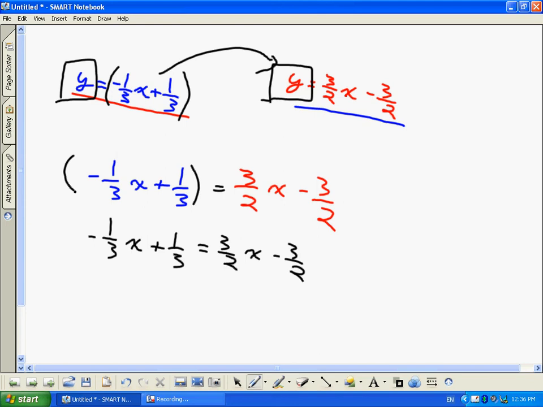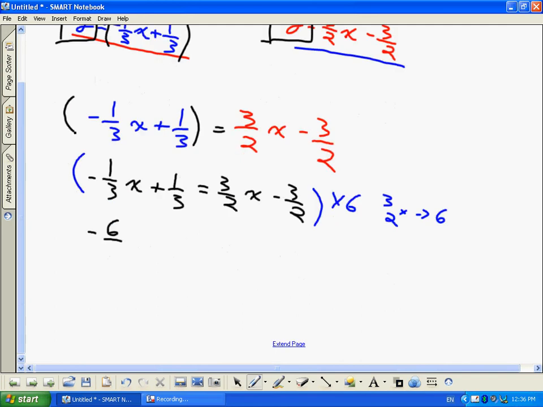A quick way to get rid of all these fractions is to multiply this entire equation by a common multiple of 3 and 2. 6 would be a great number. So I'm going to multiply every term in it by 6, so that I'm no longer working with fractions.